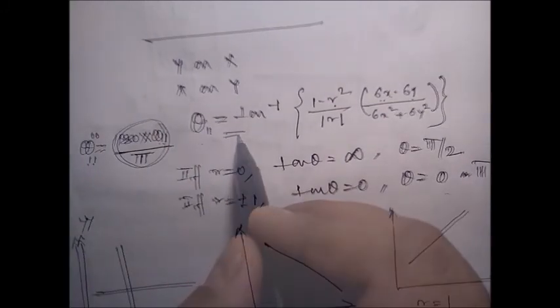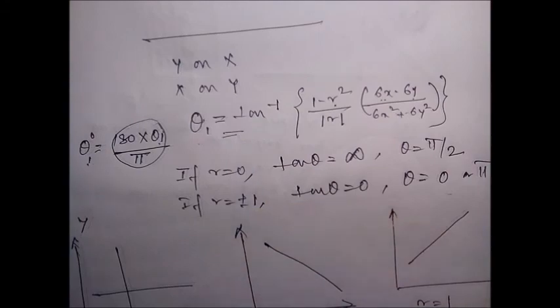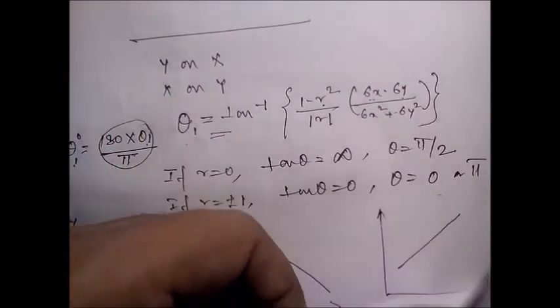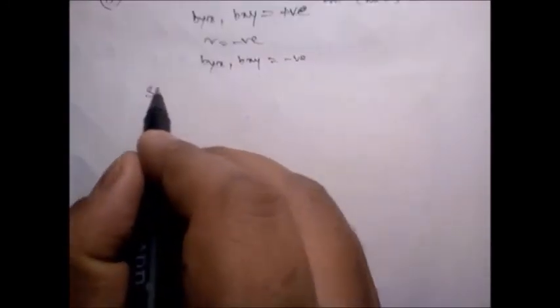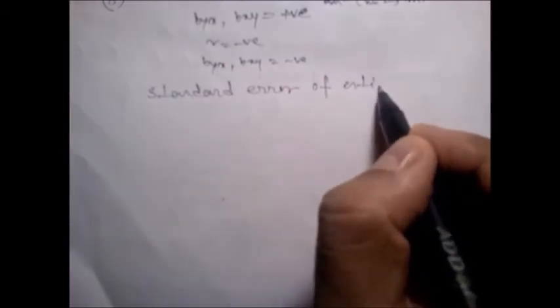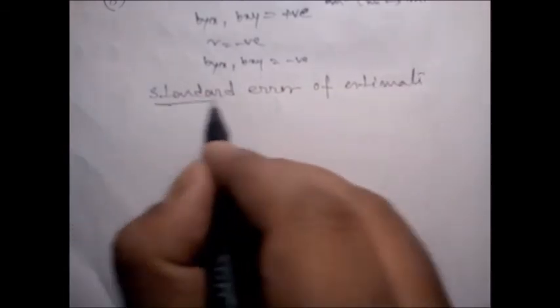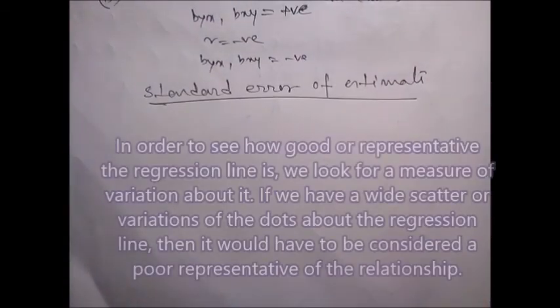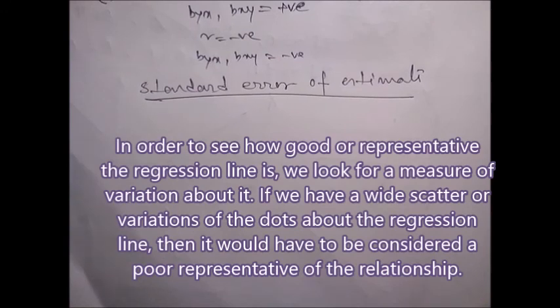Next, the final concept is standard error of estimate. In order to see how good or representative the regression line is, we look for a measure of variation about it.